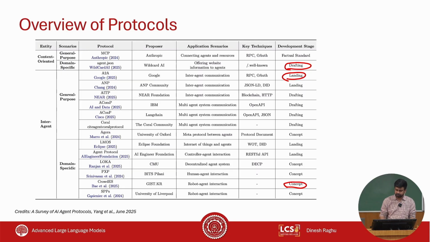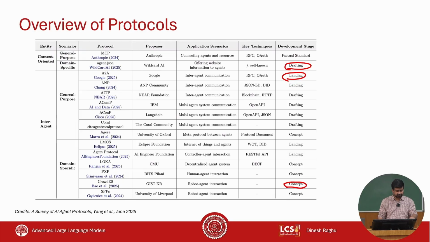So if you see here, only MCP is at that stage. People have found that MCP is actually helpful, and it has made their job of building AI agents easier. But in all the other cases, it's still at a very early stage. So these are the developmental stages of the protocol.